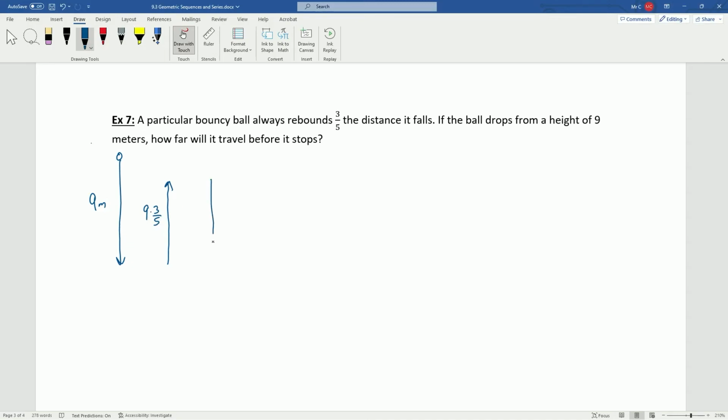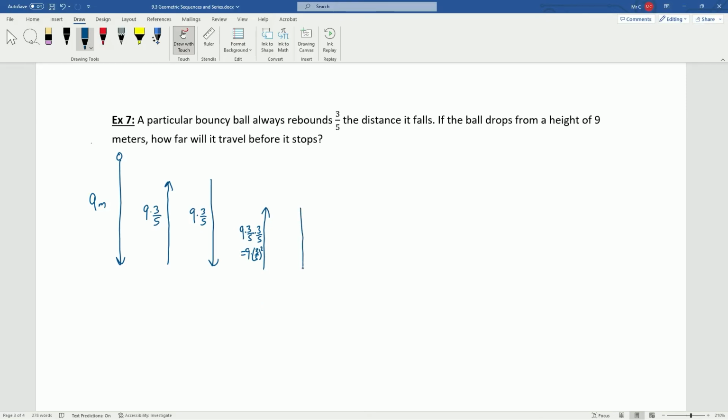Now what goes up must come down, so it's got to fall 9 times 3/5 again. But when it hits the ground, it bounces back up another 3/5 times that.